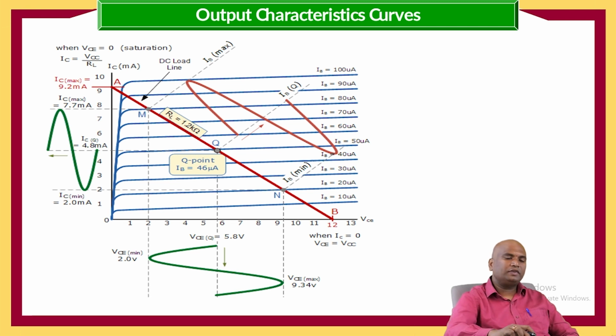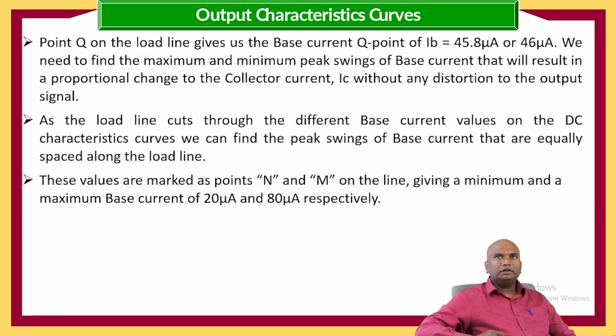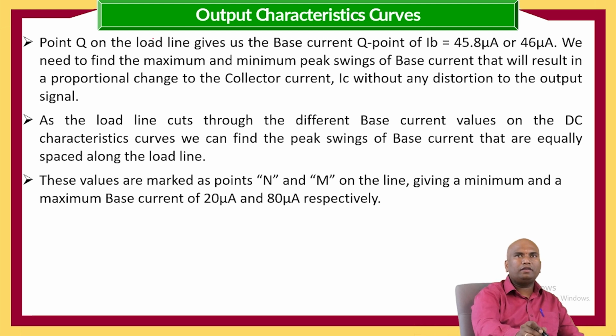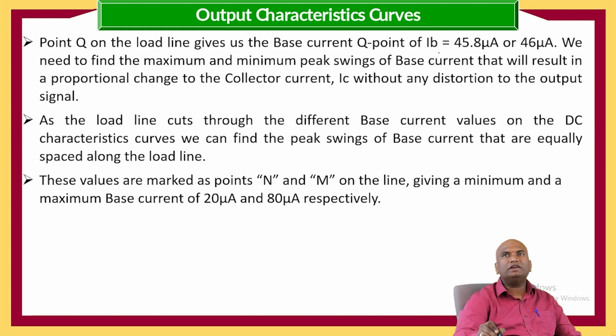So these are the different output characteristics which we are going to have for this common emitter amplifier. Here point Q on the load line gives us the Q point of base current IB equal to 45.8 microamperes or approximately 46 microamperes.